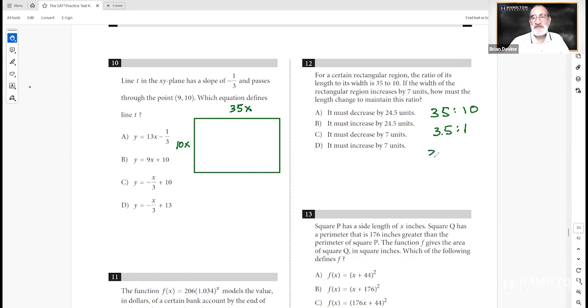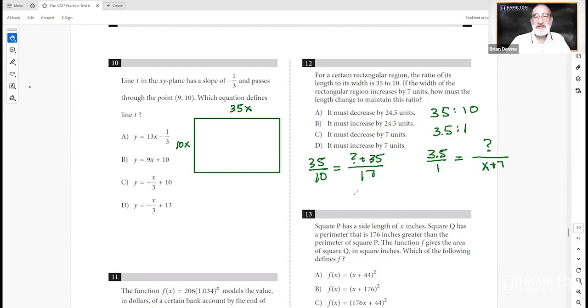And so if I have this 3.5:1 and I increase the width by 7, then what would my increase here be? And that's no different than looking at 35:10 would equal something plus 35/17.